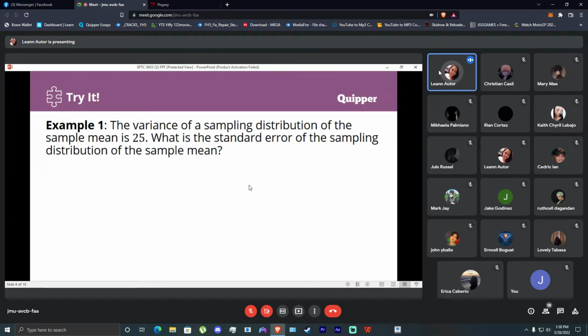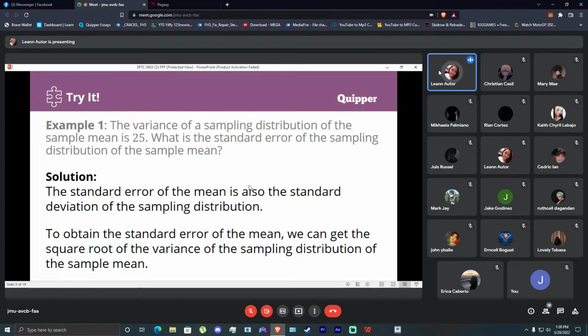To obtain the standard error of the mean, we can get the square root of the variance of the sampling distribution of the mean. The only given is the variance of a sampling distribution, and we are asked for the standard error.